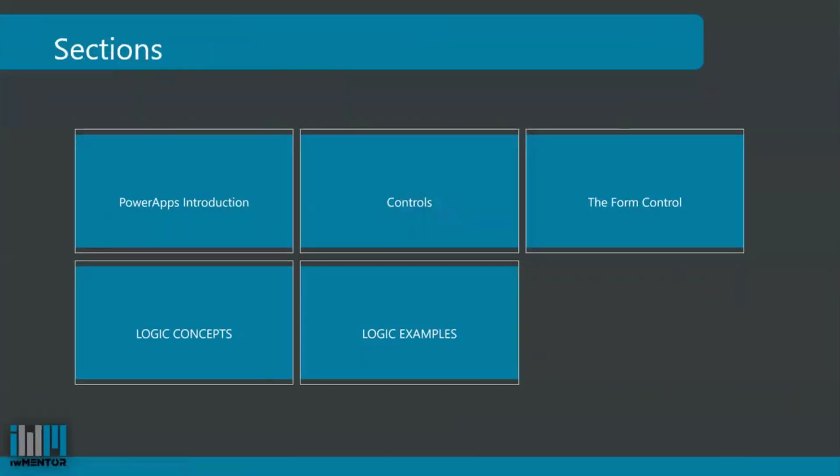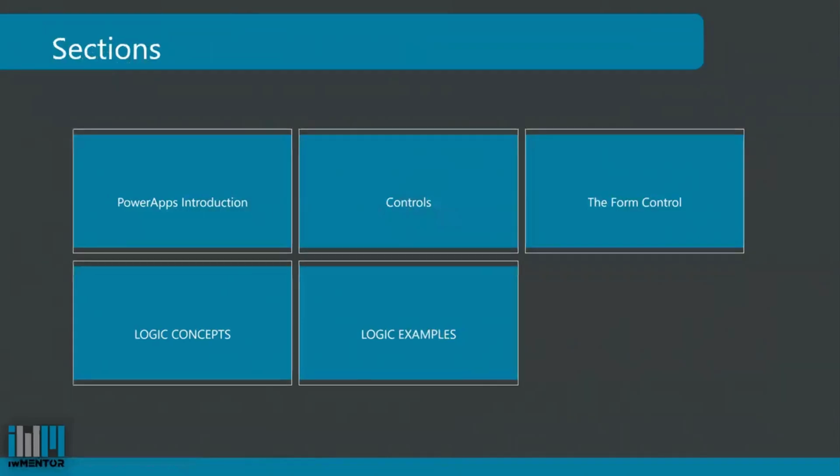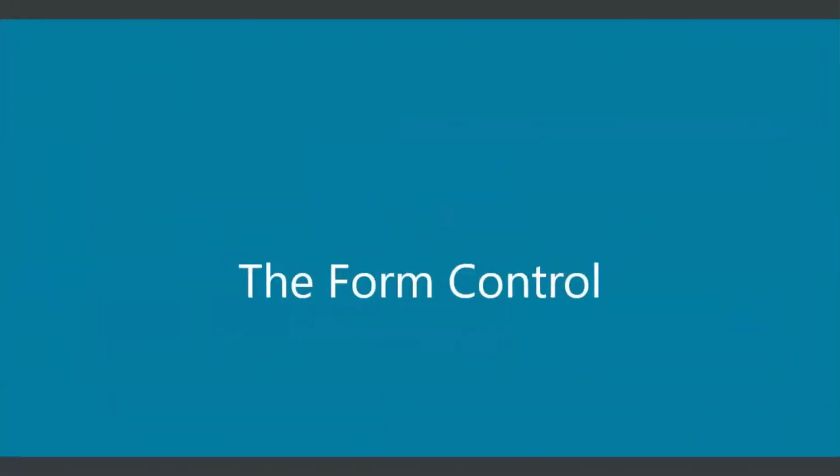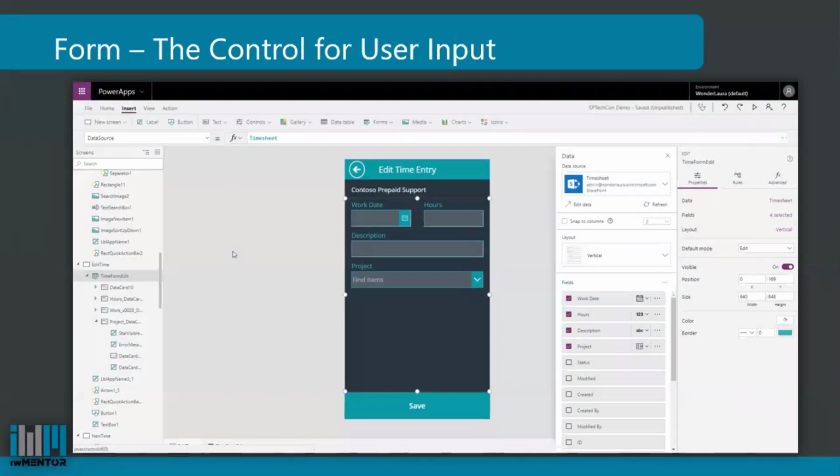Okay, so let's go specifically into this type of control called the form control that has a lot built in. Just a little background, when Power Apps first came out, to create a form, you had to go to the insert button and insert all these separate things on your screen, like a drop-down box and a radio box and a date picker and text boxes, and you had to manually arrange them there.